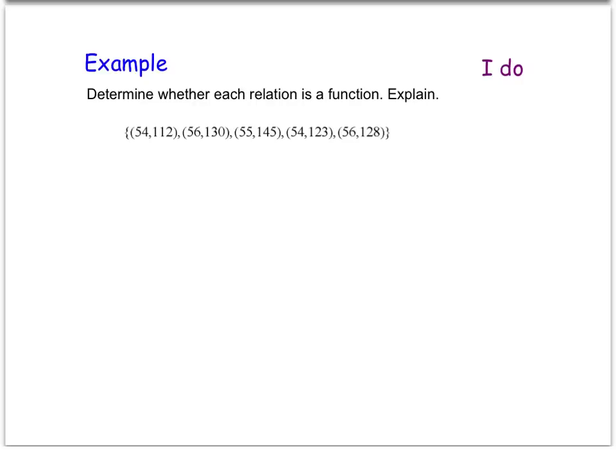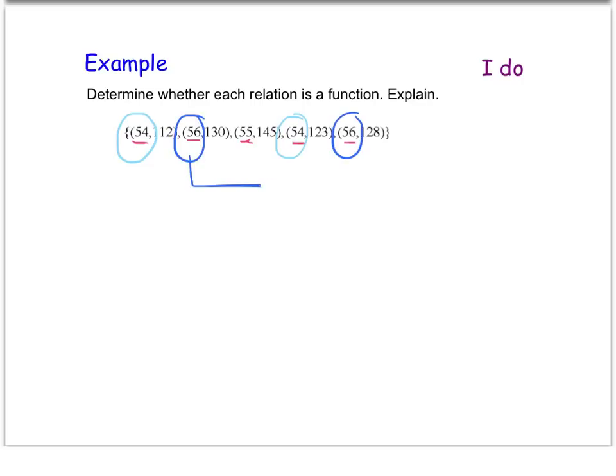So let's look here at our example. We have 54 as an x value, 56, 55, 54, and 56. Okay, so now we've got, let's see, 54 and 54, and we also have 56 and 56.